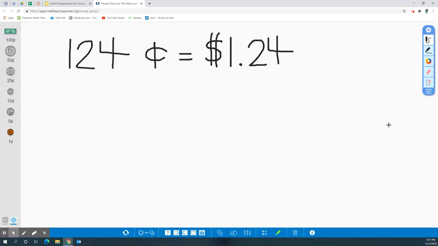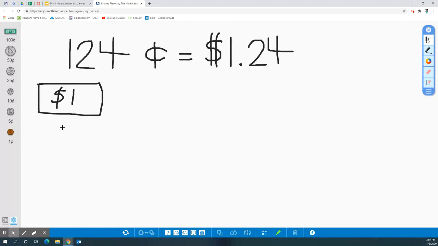Okay. Now let's go ahead and make that with our coins. So here's what you are going to do on your whiteboard, or if you have these manipulatives, these coins, you can just use these. But if you're going for the dollar sign, you're going to draw a rectangle with a 1 and a dollar sign, just like that.